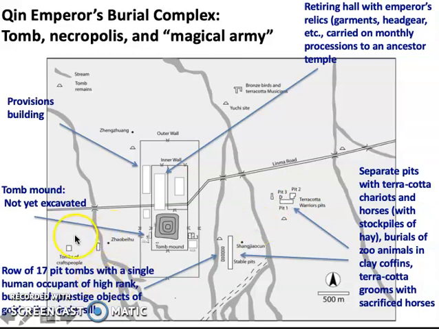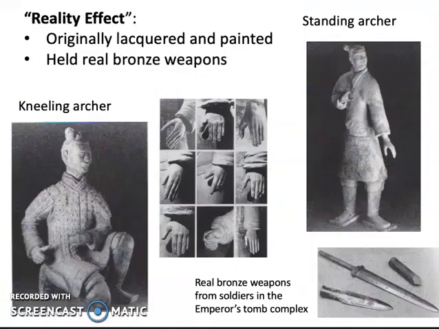And then there are surrounding burials, including the tombs of the craftspeople, because if you worked on his tomb, you had to be killed and buried. Also, if you were one of his exotic animals in his zoo or his horses, there are also human skeletons of sacrificial victims.